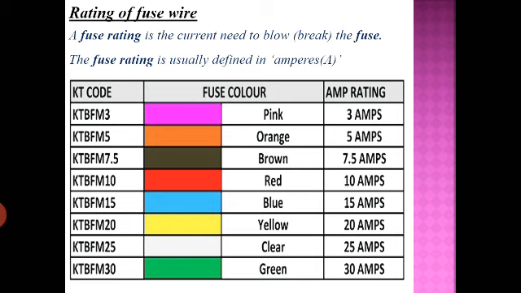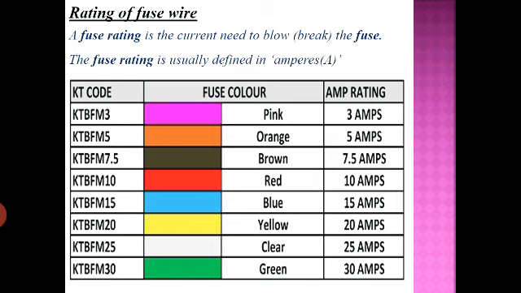So with the help of the color of the fuse wire, we can identify the rating of the fuse wire. For example, if the rating is 3 ampere, it means if the current passed through this fuse wire becomes 3 ampere, then this will melt. So this fuse wire will melt at 3 ampere or break the circuit at 3 ampere. Orange, 5 ampere, means it will break the circuit when the current becomes 5 ampere.